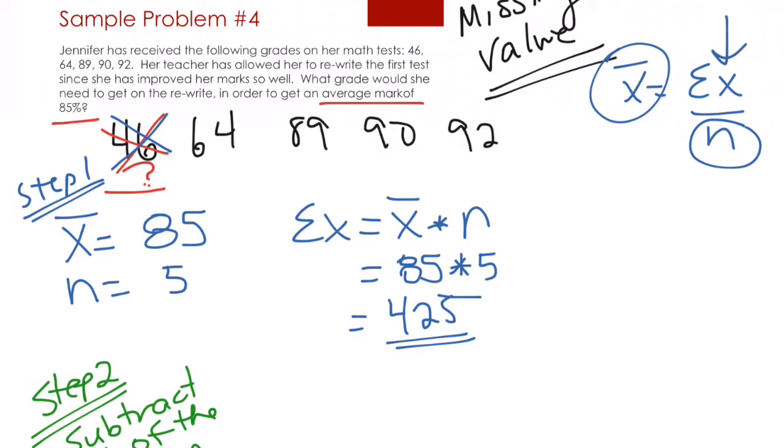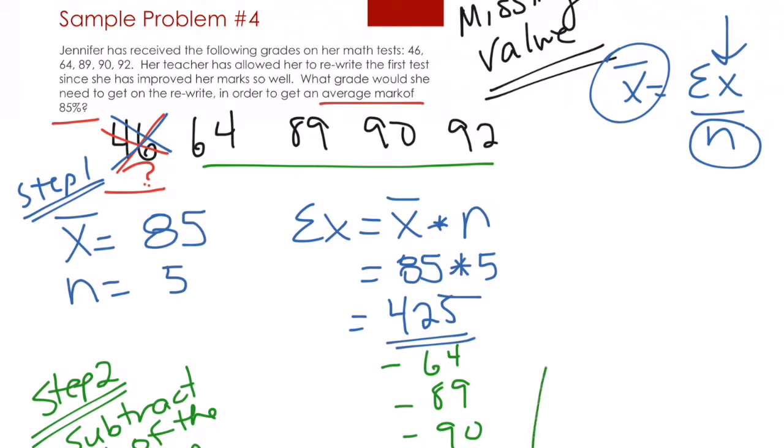Okay, so we're going to take our 425. We're going to minus all of these test marks up here. So we're going to subtract 64, we're going to subtract 89, we're going to subtract 90, and we're going to subtract 92. Okay, and when we do all of that, we should get a missing value of 90.